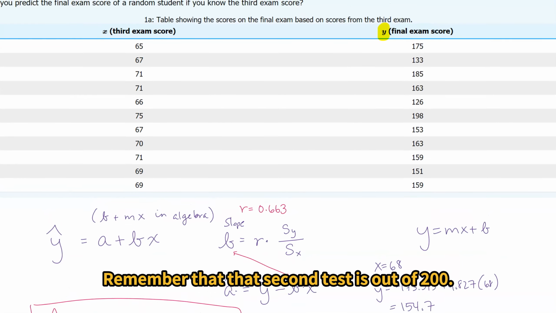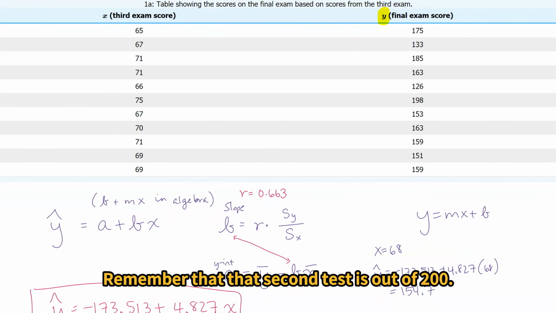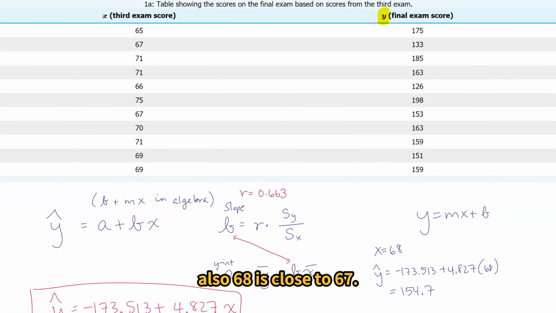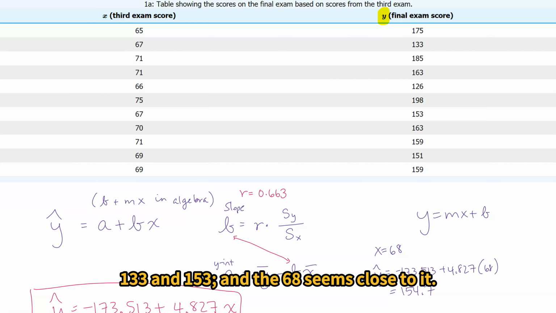Remember that the final exam is out of 200, so this seems reasonable. Also, 68 is close to 67, and we have two values for 67, 133 and 153, and the 68 seems close to it, and so that answer seems pretty reasonable.